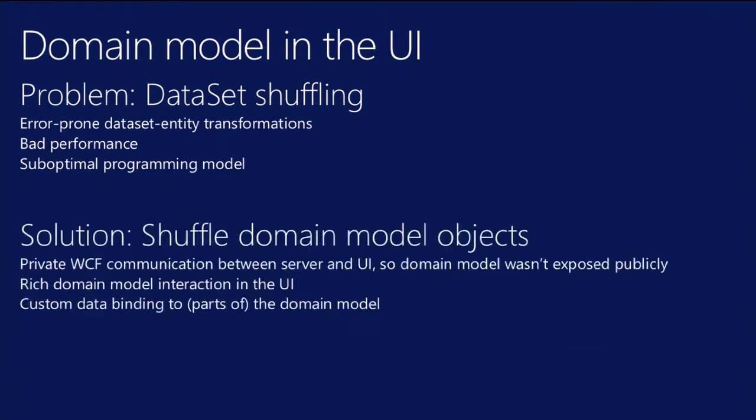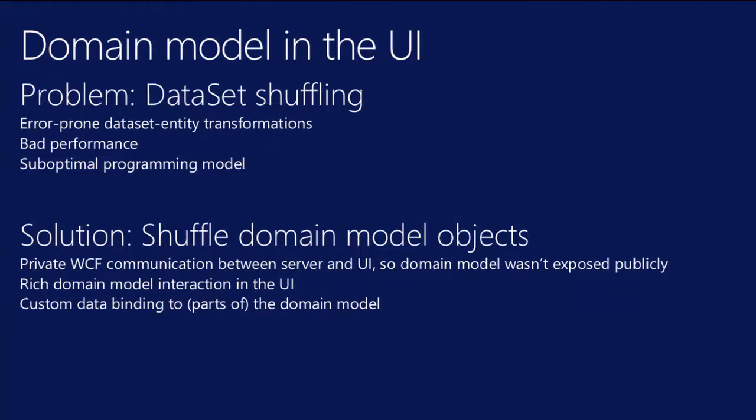So we said, all right, to do something different, to challenge this habit, let's shuffle domain model objects. And the reason we said this is okay is because the WCF communication between the server and the UI was sort of a private link or private line. The only consumer of that service would be the UI and no other client.